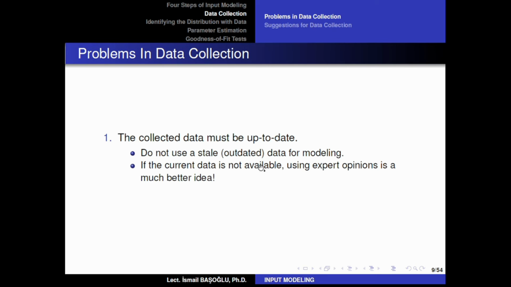If the current data is not available, instead of using outdated data, using expert opinions is a much better idea. It is at least less dangerous because the experts have opinions about the up-to-date trends as well. However, stale, outdated data do not reflect the behavior of a system.